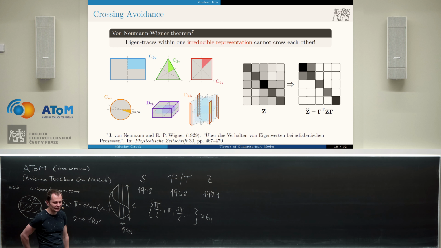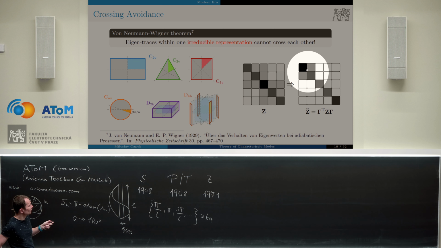Imagine further that under certain circumstances, we can modify our impedance matrix, the original impedance matrix, so that it's composed only from blocks. And that means that zeros, really zeros, are sitting everywhere else. So all these white places are filled with zeros. And non-zeros are sitting only inside these blocks.